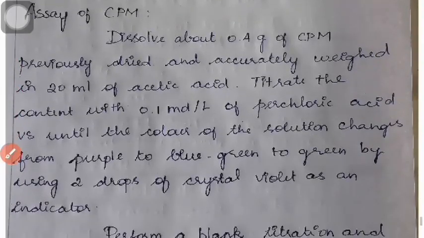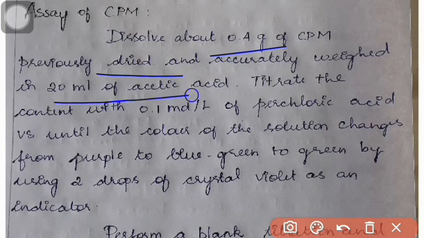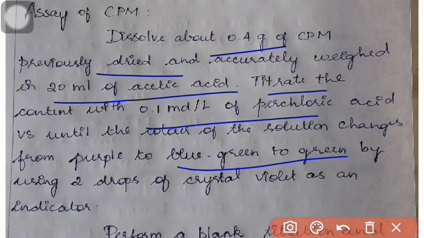Then the assay. Dissolve 0.4 gram of chlorpheniramine maleate. It should be dried and dissolved in acetic acid. Then it is titrated against 0.1 M perchloric acid, blue green to green, with the help of crystal violet, and we have to perform a blank.